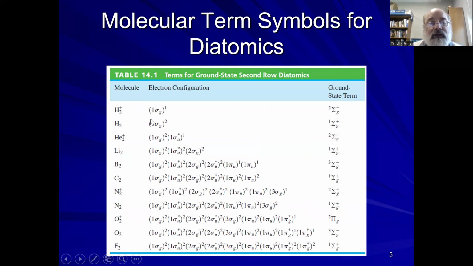And so let's take a look. We have in the H2 molecule, we would have 2 electrons in just the sigma g orbital. And so we'd have a singlet sigma g state. Oxygen, we already talked about why it's a pi state. And so those are just there for examples.